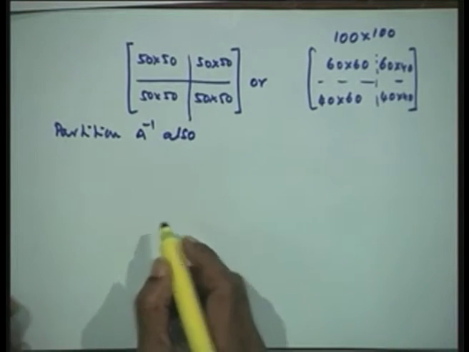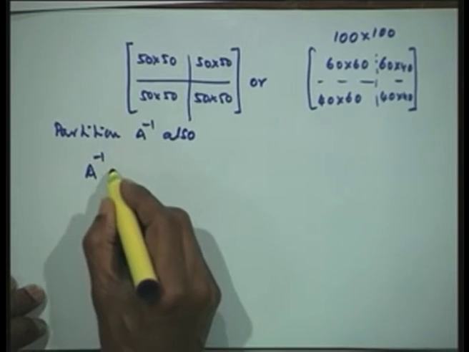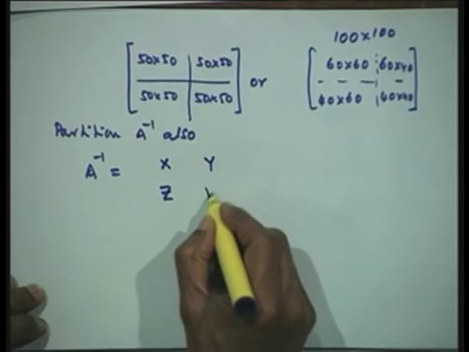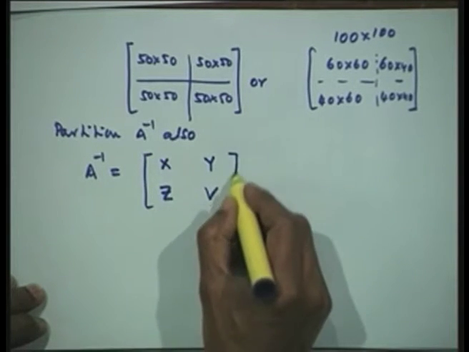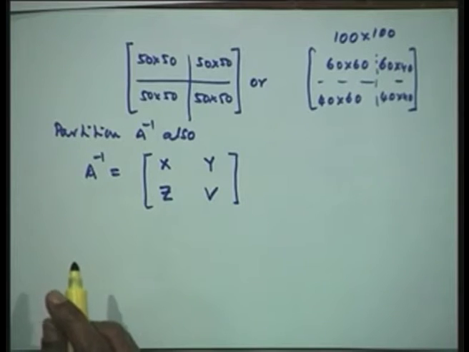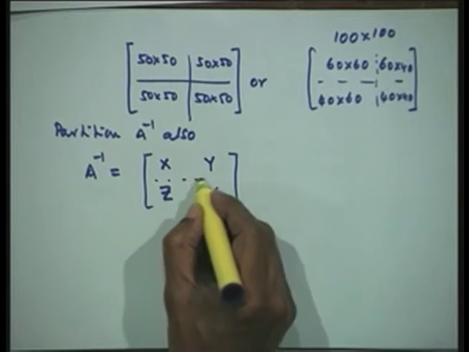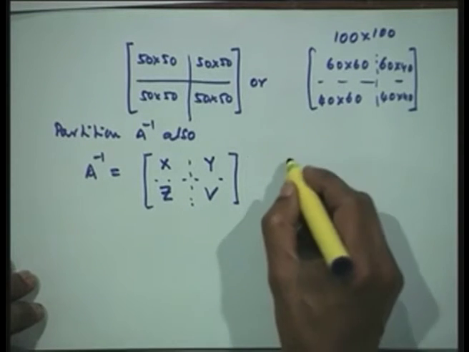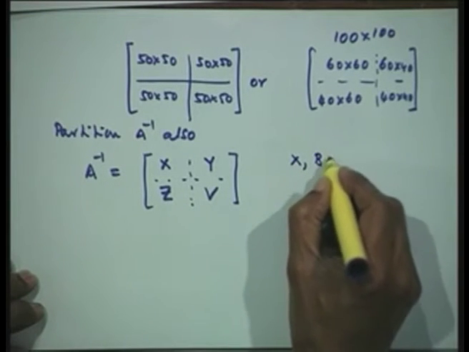So, let us write A inverse as x, y, z, v, partitioned also, so that the dimensions of x and B are the same.